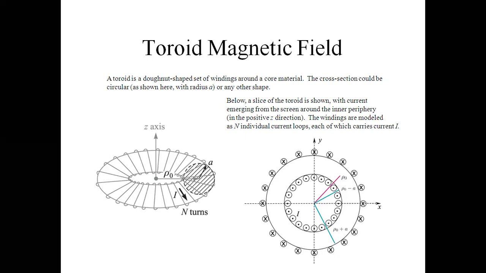See, if the current is flowing like this for the inner conductor, clockwise, then for the outer conductor it would be anti-clockwise, because the same current is flowing.